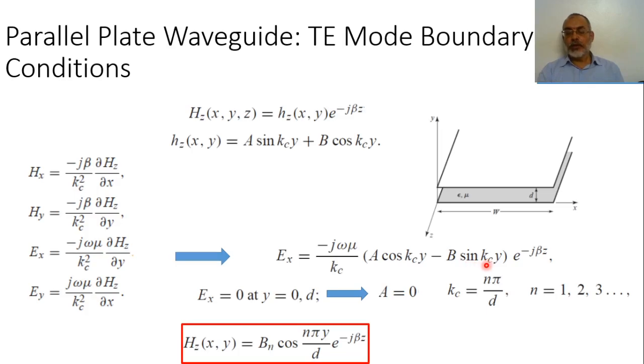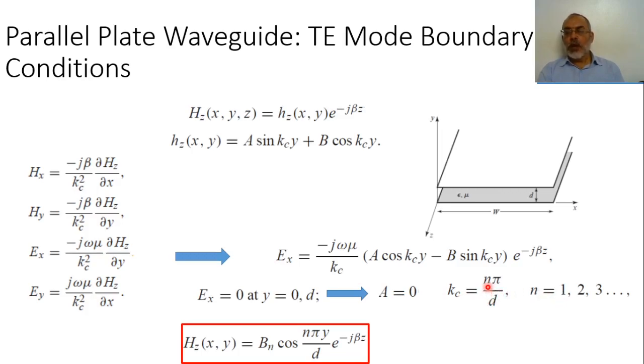If I'm applying n equals 0, sine 0 would be 0, so we don't have Ex, we don't have Hy. So for the TE mode, we start from n equal 1.